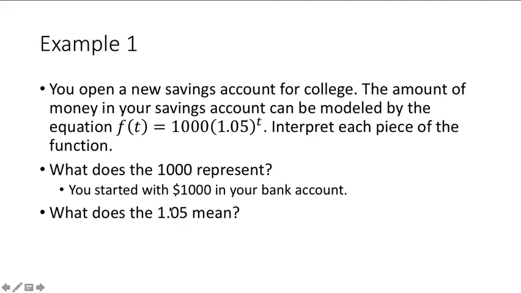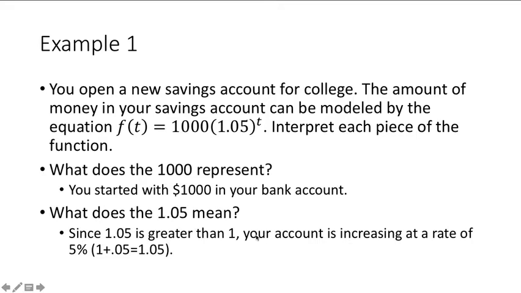Instead, we can take this 0.05 portion, since it's 1.05, and say that our account is increasing at a rate of 5%, since 0.05 is the decimal of 5%. So that's what each of these pieces of the function means. Let's look at another one.